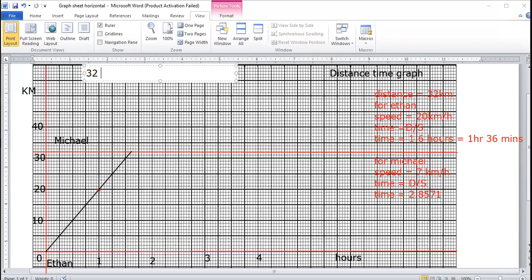Right now, he's starting at 32. 7 kilometers subtracted means after 1 hour, he should be at 25. So at 1, this will be the 25 mark over here.